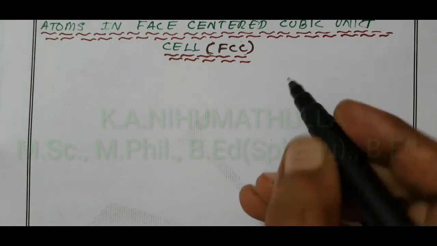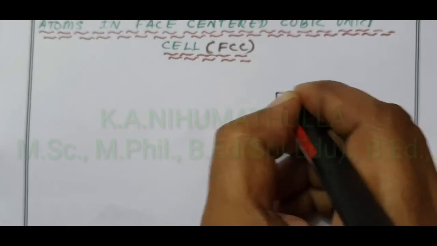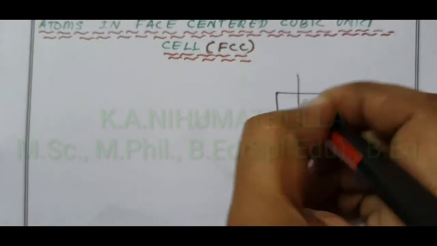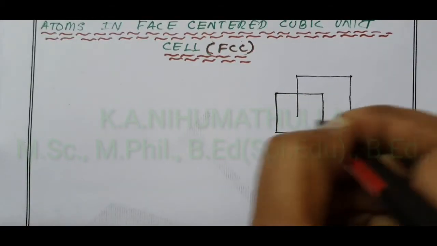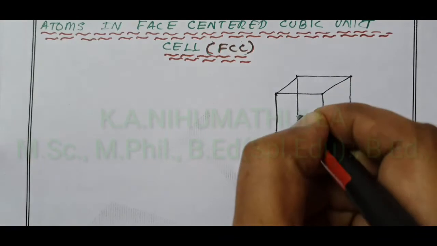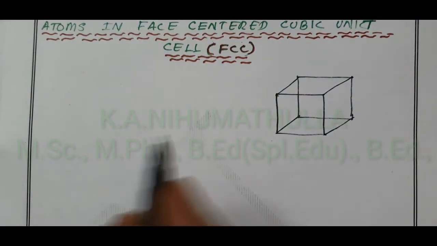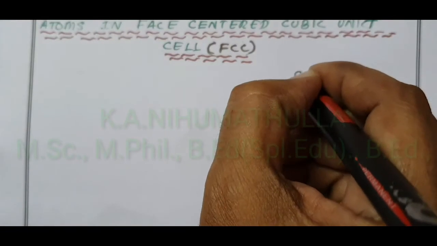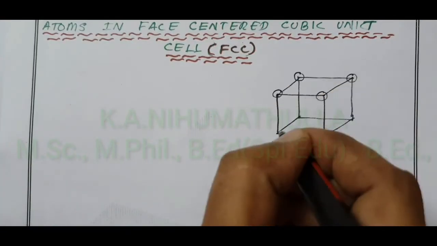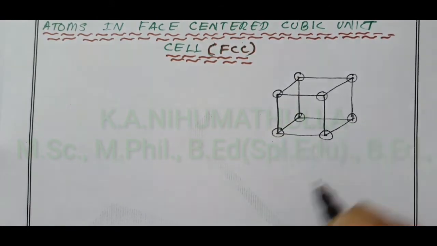a face-centered cubic lattice. In a cubic structure, whether it may be simple cubic, body centered or face centered, 8 atoms are present at the corner. 1, 2, 3, 4, 5, 6, 7, 8.